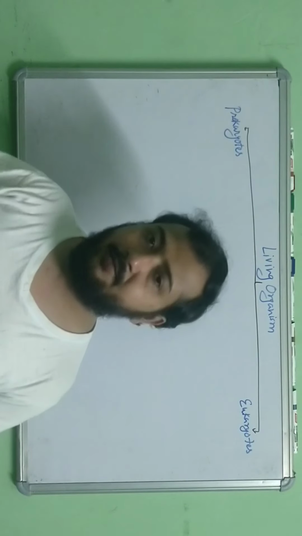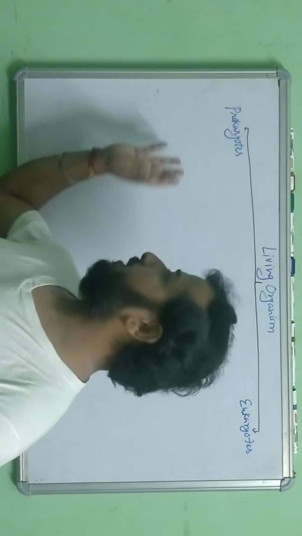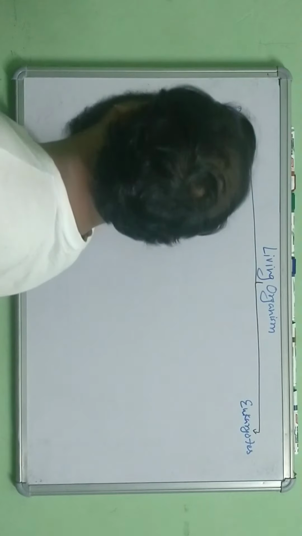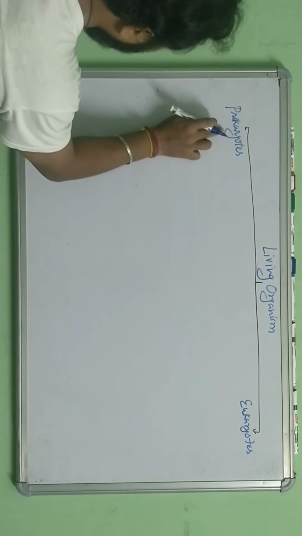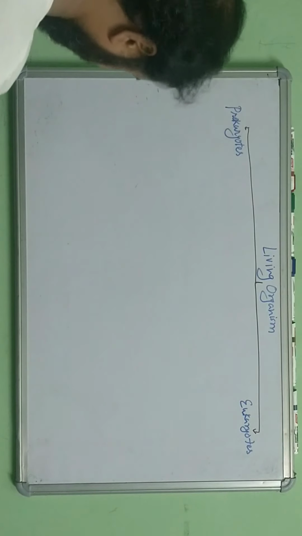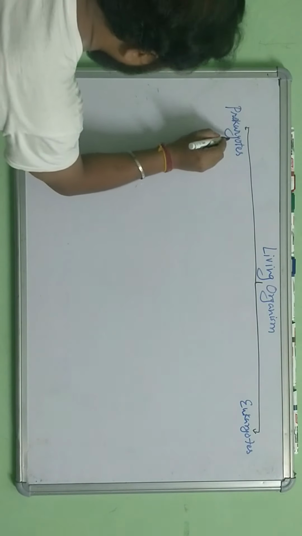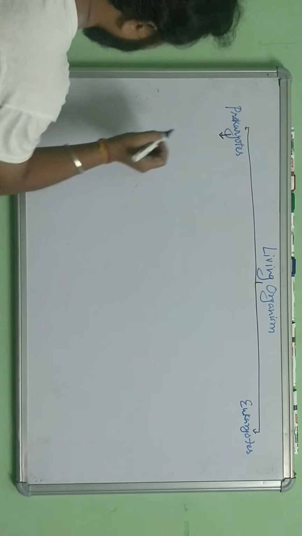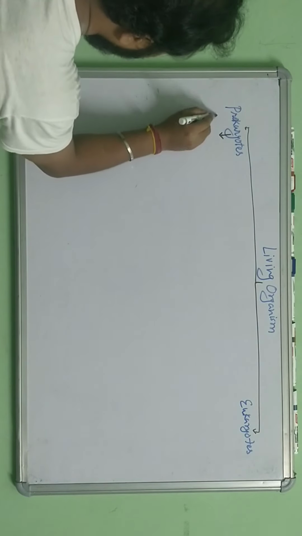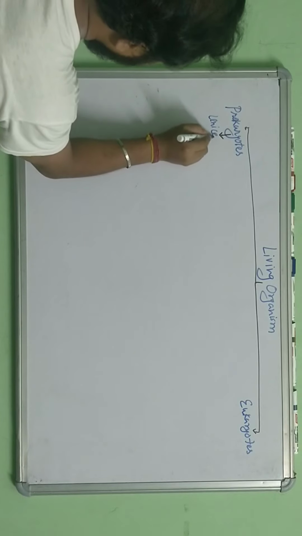You know that cells have a nucleus. These prokaryotic organisms are unicellular in nature. I am drawing these lines in black so that it will be prominent for you to understand which are the categories.